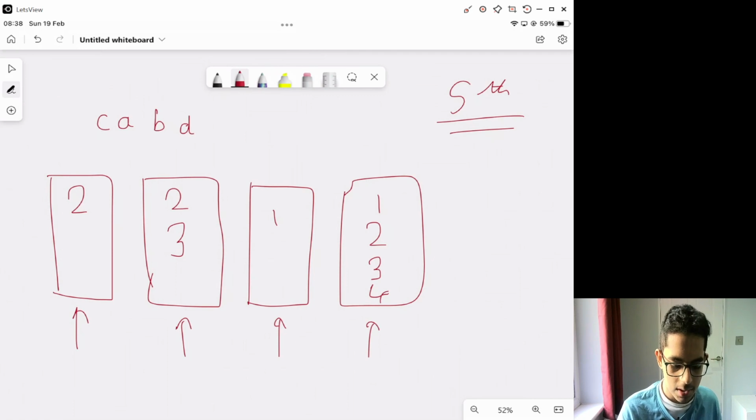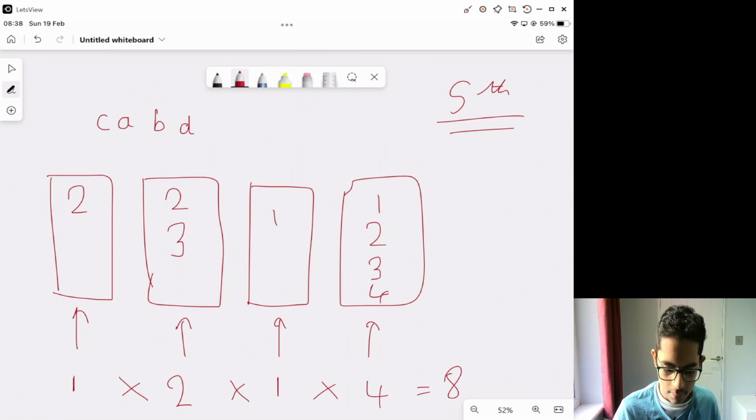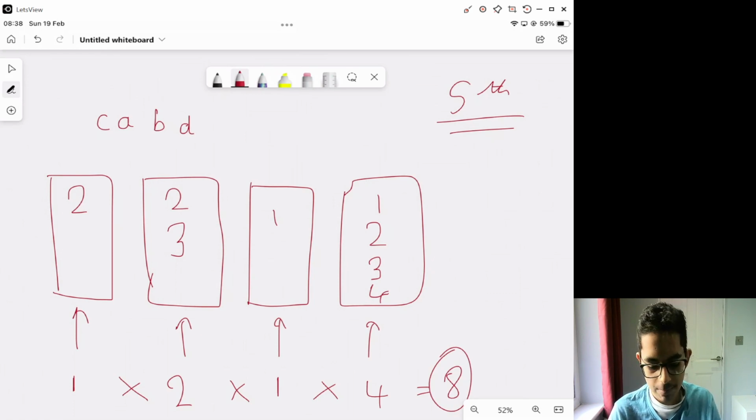So in the first one you have exactly one choice. The second one you have exactly two choices, exactly one choice, and exactly four choices. If we multiply all of these, this gives us the total number of choices, which is 8 possible preference lists which could arise.